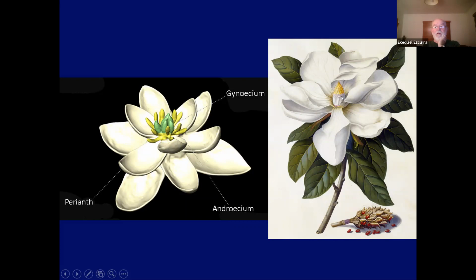Look at it and compare it with a current magnolia, it is not that different. Magnolias, like araucarias, have also changed very little in 65 million years.